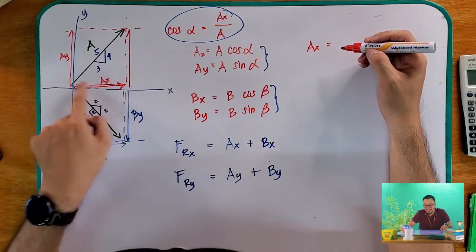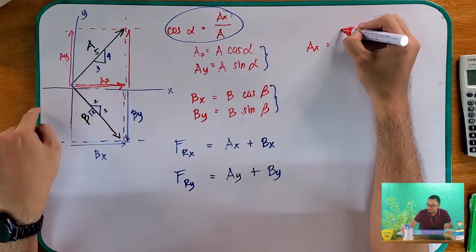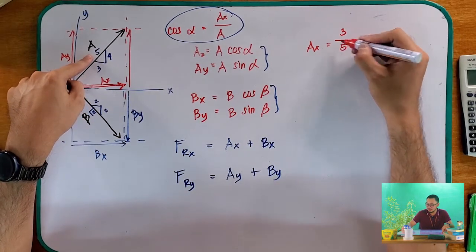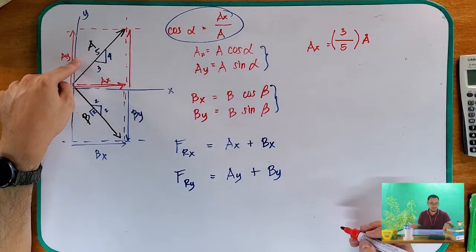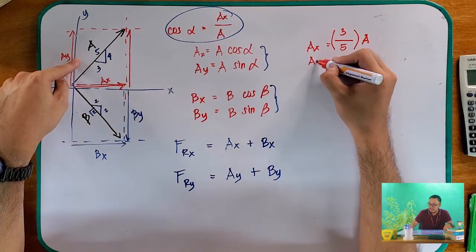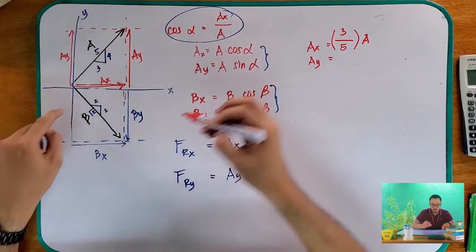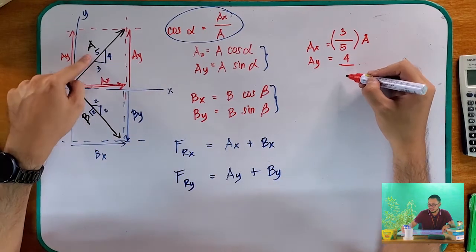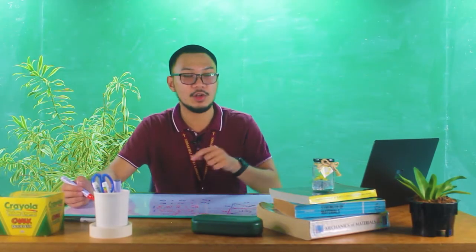Kay horizontal man ning atong AX, so ang imo pud pangitaon kay ang horizontal, which is 3, divided by the hypotenuse of 5. So 3 over 5 and multiply by A. Kung ang imong pangitaon kay AY, then AY is your vertical. So, ang imong kuhaon kay ang 4. 4 over hypotenuse 5 times A. So, ingana lang pagkuha sa components kung slope ang gamiton.